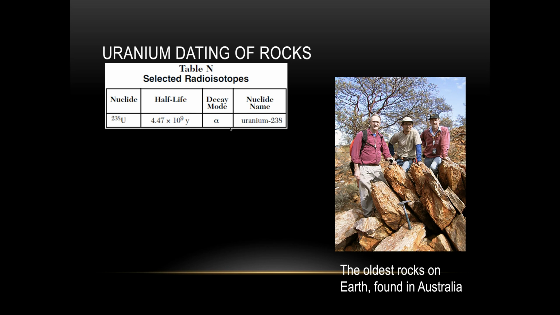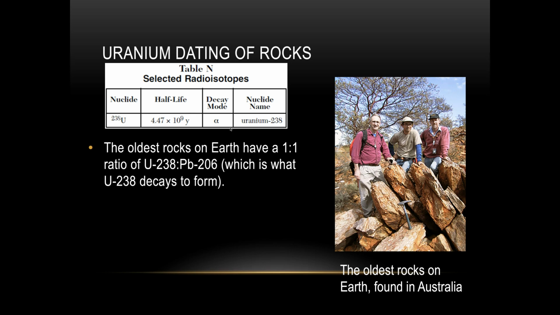Now, when we examine the oldest rocks on Earth, we find that they have a 1-to-1 ratio of uranium-238 to lead-206. Lead-206 is only formed from the decay of uranium-238, which means that half of the original uranium-238 has already undergone decay, 50-50.